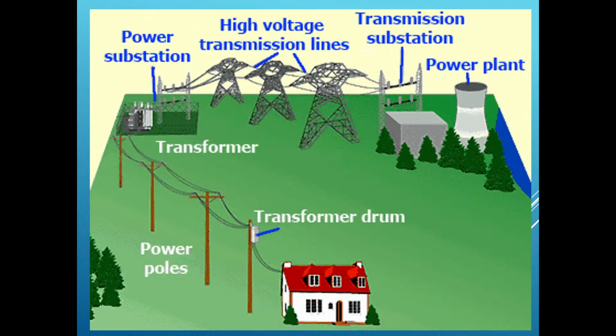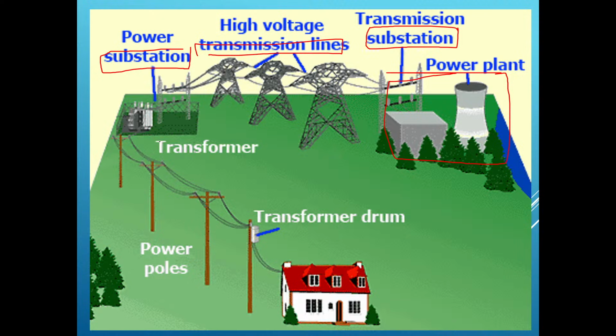I have one more image in the other slide. In this slide, this is the power plant where electrical energy is generated. After that, this electrical energy is transmitted, and before reaching the load, in between there will be some substations, nearby to the generating station and in between also.